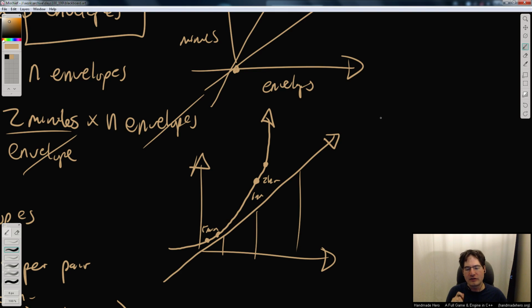With anything that is superlinear, it's not n to the first, it's n to the second, n to the third, n to the 10th, heaven help you. No longer true. Now there is a breaking point in the algorithm. There is a point where the curve gets so steep that even just adding a single extra envelope would be so expensive that you could never hope to do it. That's the bummer of superlinear algorithms.